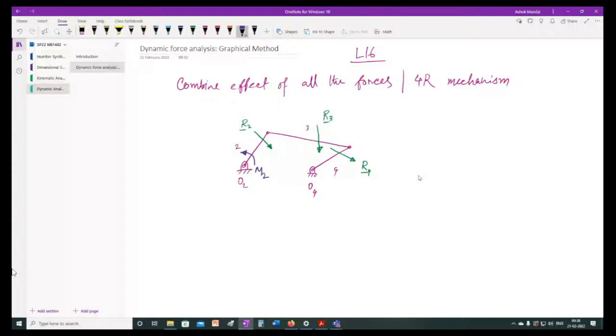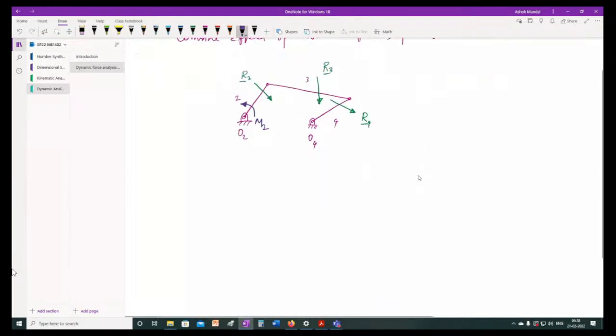Free body diagrams are a must. So we will start this analysis by first drawing the free body diagram of link 3. Let's do that. So I first draw the free body diagram of link 3.